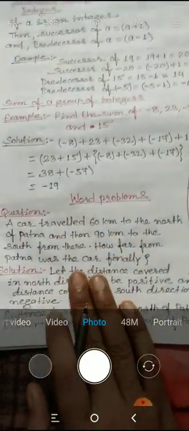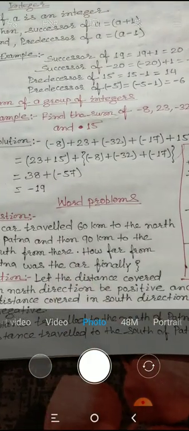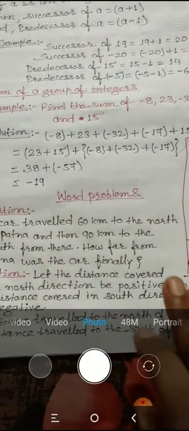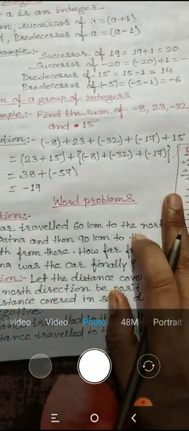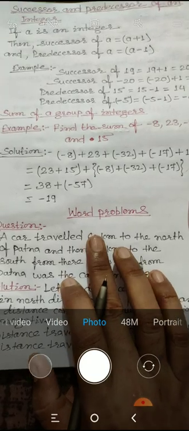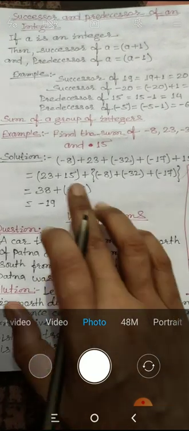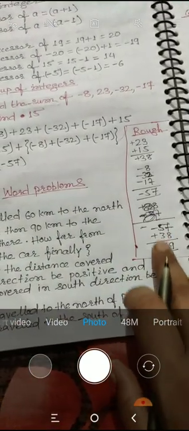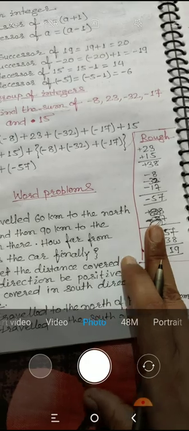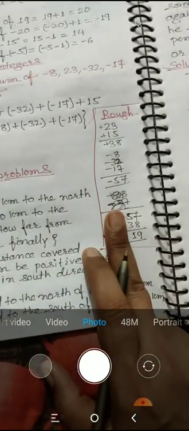In that situation, according to rule number 2, which I explained yesterday, first find their difference regardless of their sign. The difference of 57 and 38 is 19.